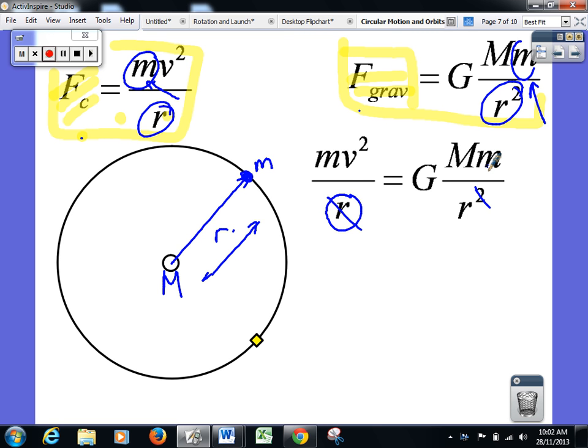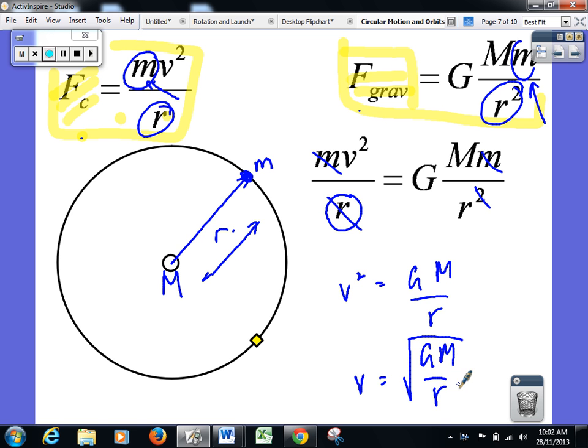What can we do? We can cancel. And that leaves us with v squared equals G capital M on R. Square rooting both sides, we get v equals the square root of GM on R, which is the orbital velocity formula.